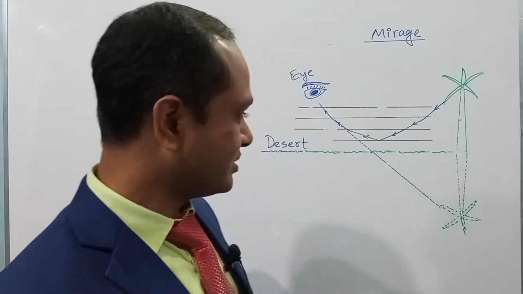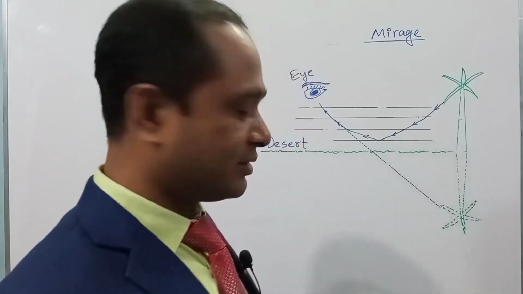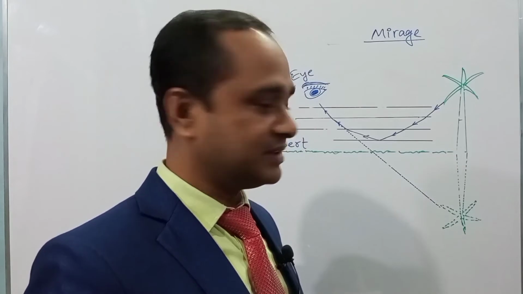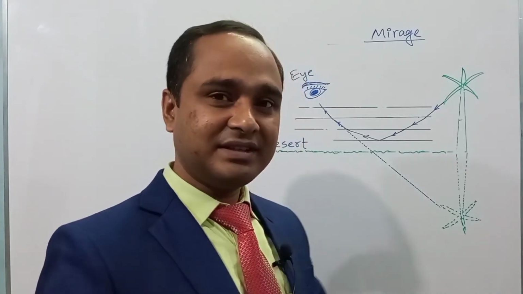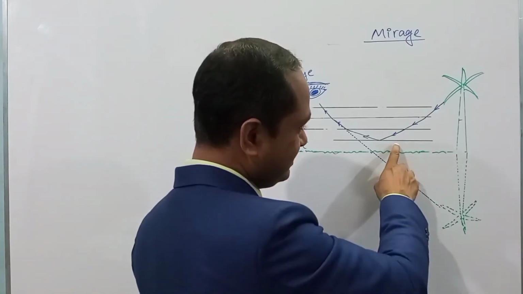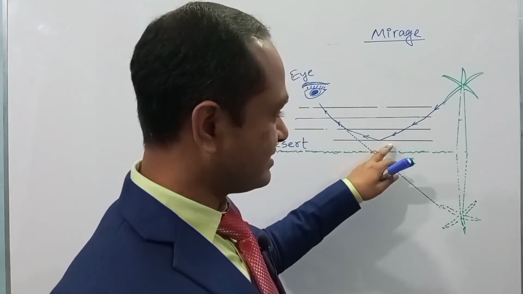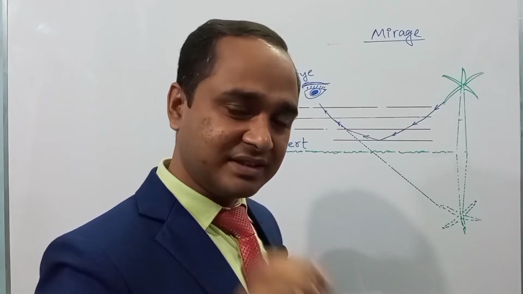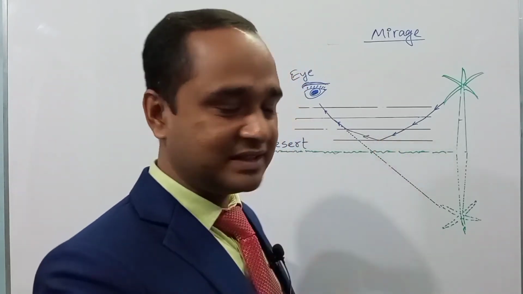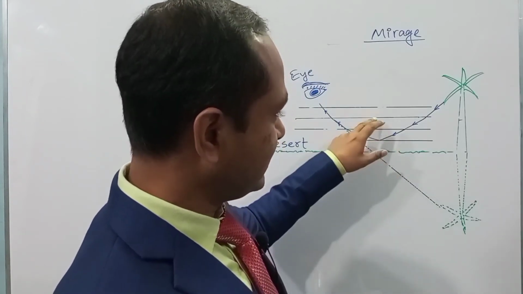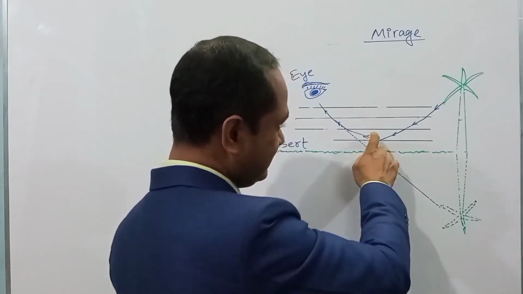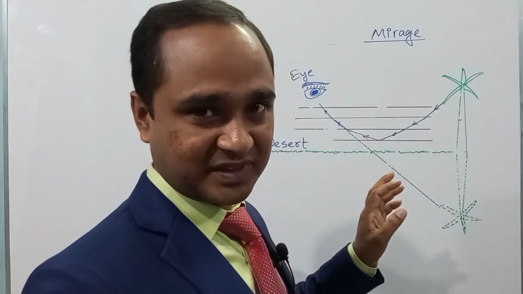Okay, as shown, we can say that the first layer, which is adjacent to the sand, is optically least dense. That is, the optical density of the first layer, adjacent to the sand, is very small, and that of the next layer will be a little more than the first layer, and that for the third layer will be a little more than the second layer, and so on, right?